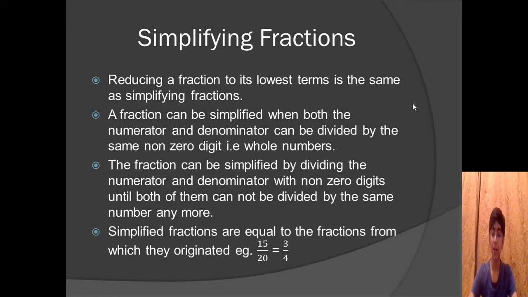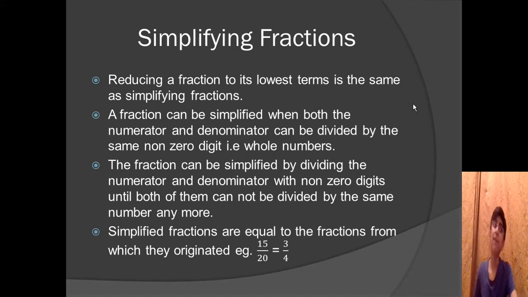If we have 20 over 10, then this can be divided by 2, and after that we get 10 over 5, which can also be divided by 5. Then in the end we get 2 over 1, which cannot be divided anymore, because 2 can be divided by 2 but 1 cannot be divided by 2.